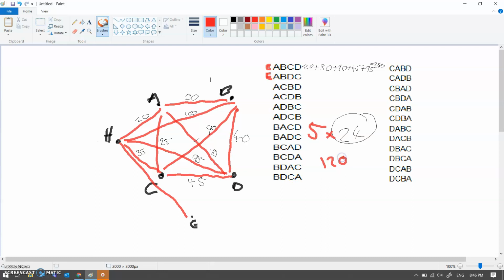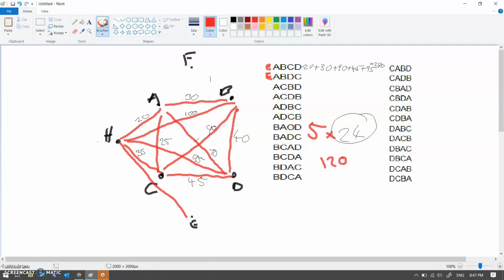Now, then maybe we could say, oh, we also need city F over here. And we put that in there, and the person could go to F first. And obviously, we're going to do the same thing. So we've got all of these 120 routes listed here.